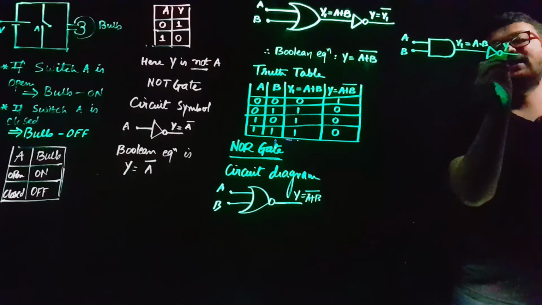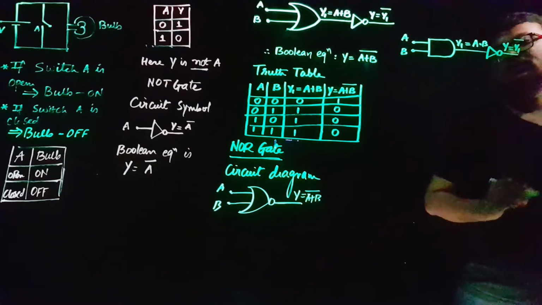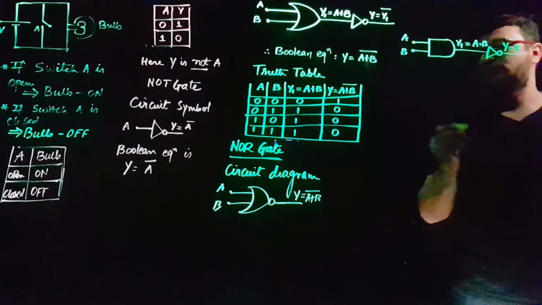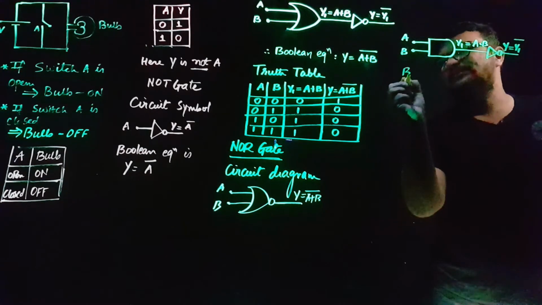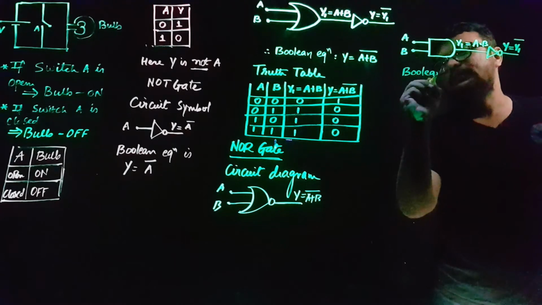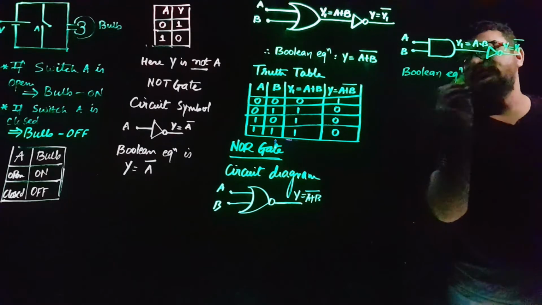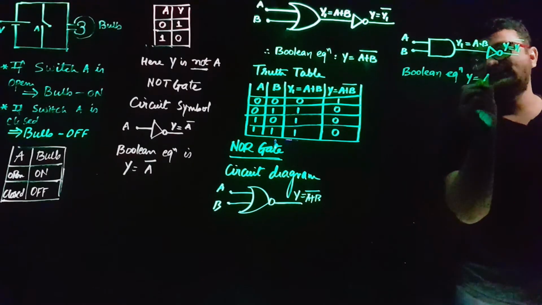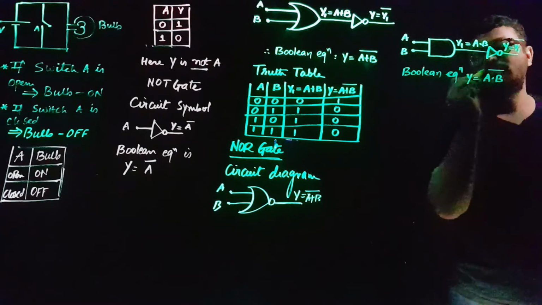Then here Y will be equal to Y1 bar. Here Y1 is A dot B. So you can say that the Boolean equation here will be Y is equal to Y1, that is A and B whole bar.